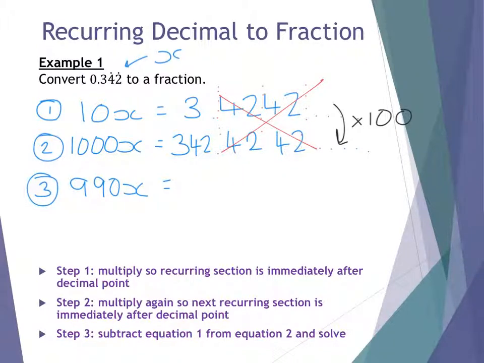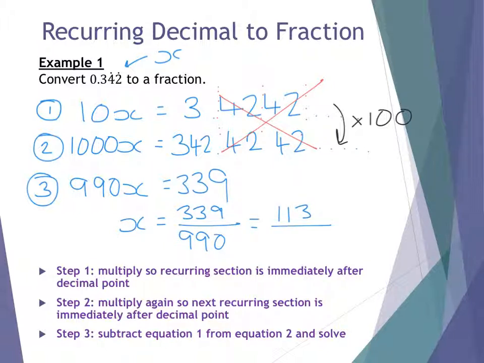So all we've got to do is 342 minus 3, which is 339. From that point, we're just going to do some division. So x is going to be equal to 339 over 990 if we divide both sides by 990. Obviously, we can then simplify that. That will give us 113 over 330.